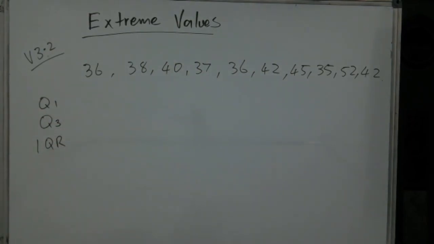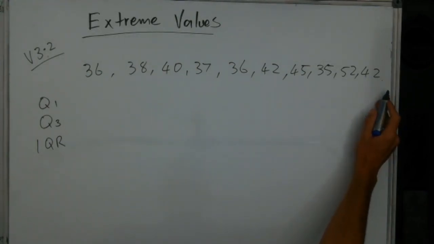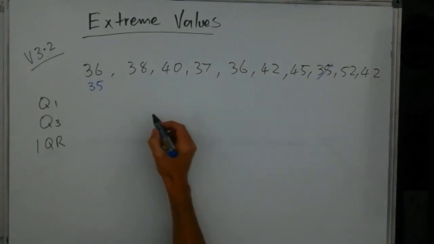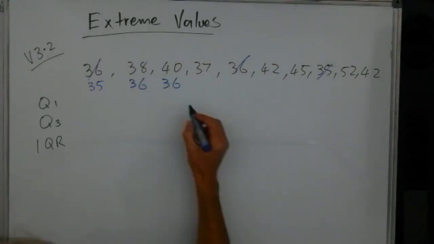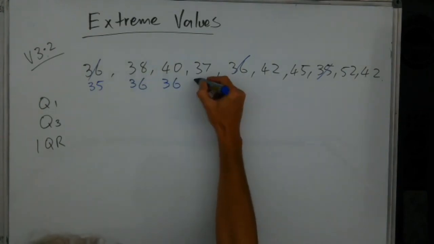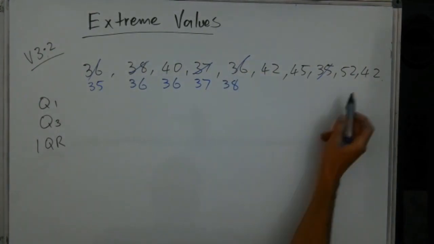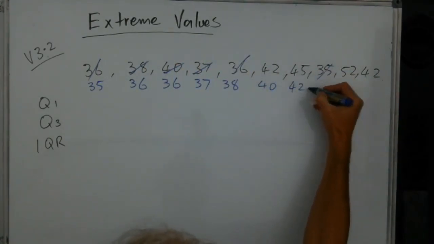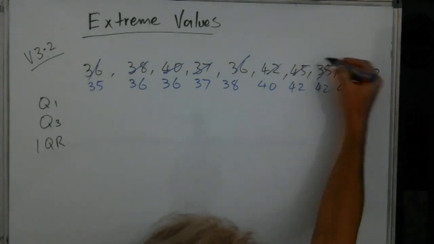So in order to get these, first of all, we need all the data in order. So I'm just going to rewrite it underneath from smallest to largest. Okay, so we've got a 35, we've got two 36s, 37, 38, what's next, 40, two 42s, 45 and 52.